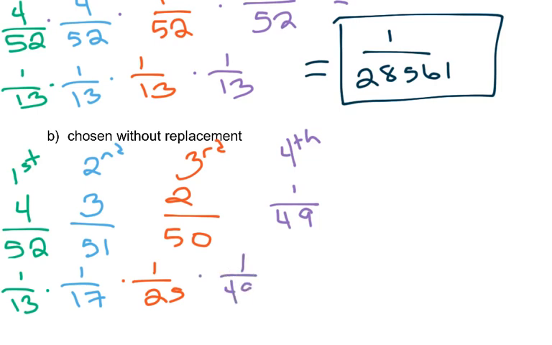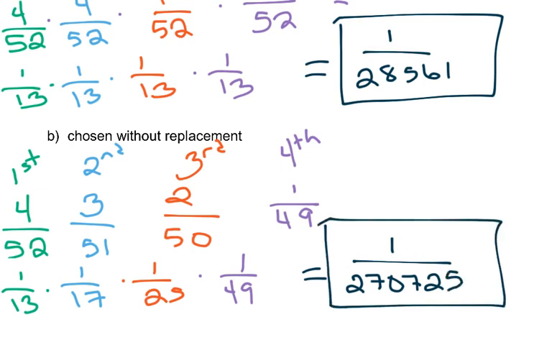We're going to take the product of these 4 fractions, and that's going to give us 1 over 270,725. So this is the probability of selecting 4 aces in a row without replacing the cards.